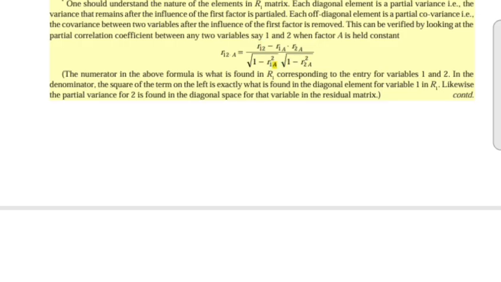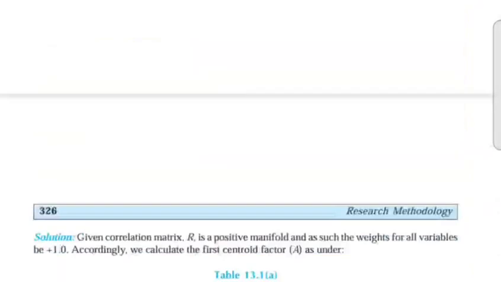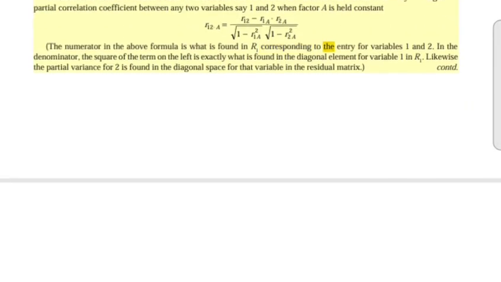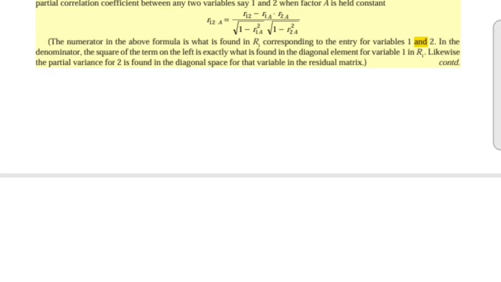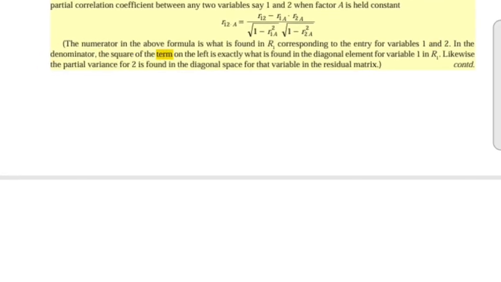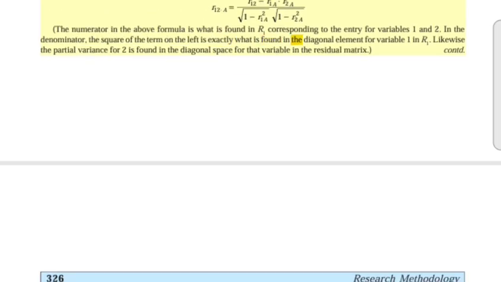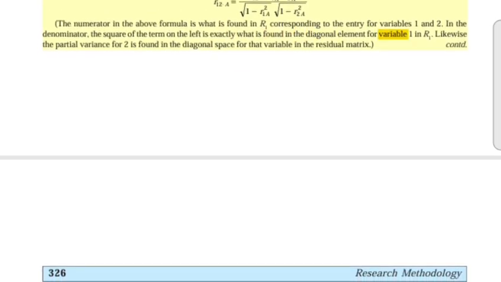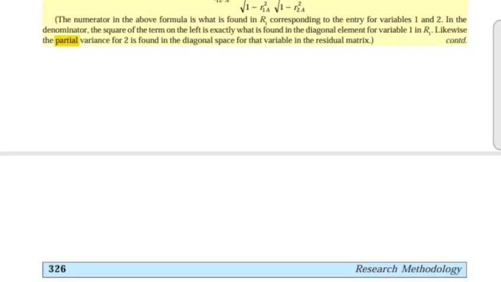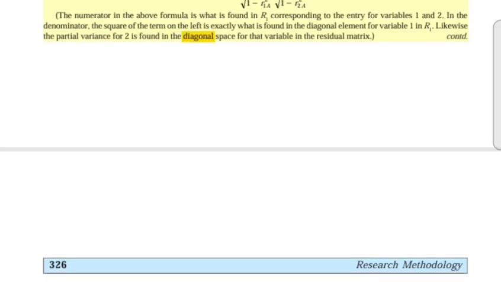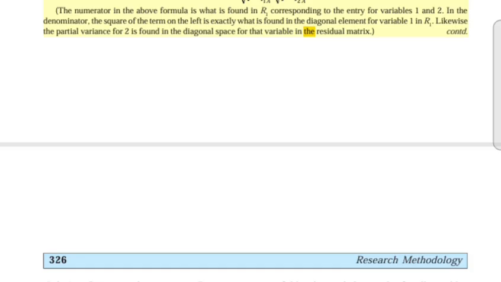The numerator in the above formula is what is found in R1 corresponding to the entry for variables 1 and 2. In the denominator, the square of the term on the left is exactly what is found in the diagonal element for variable 1 in R1. Likewise, the partial variance for 2 is found in the diagonal space for that variable in the residual matrix.